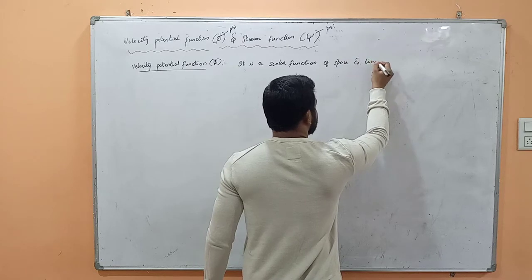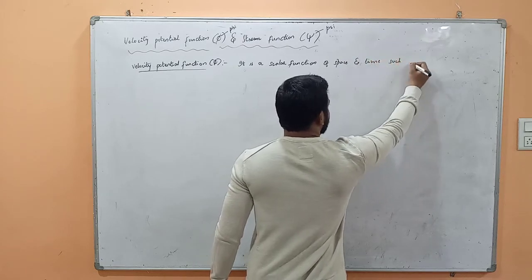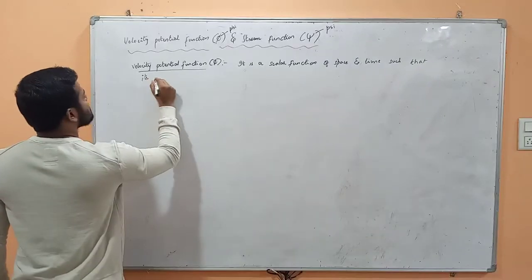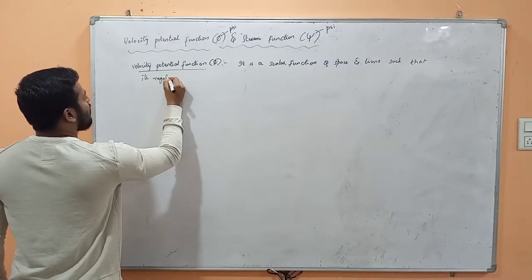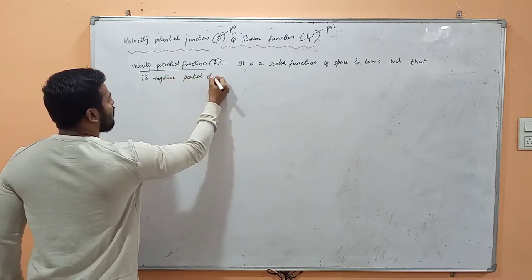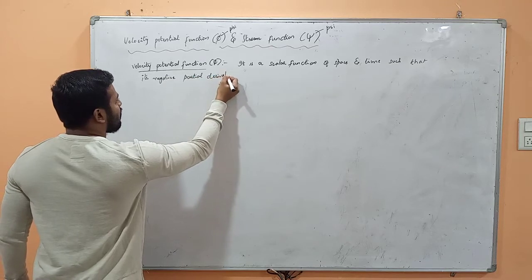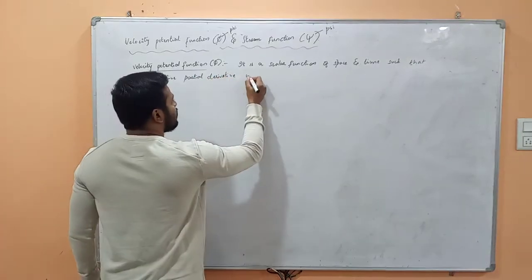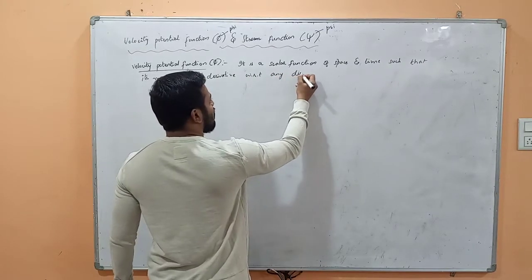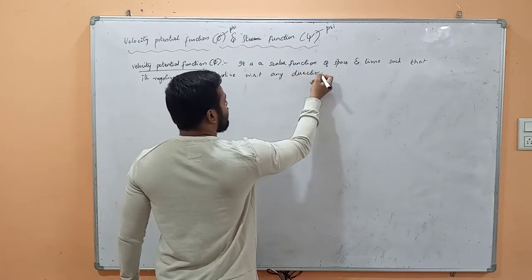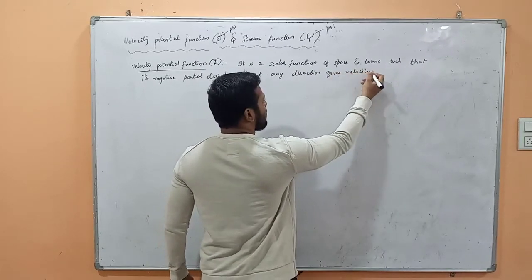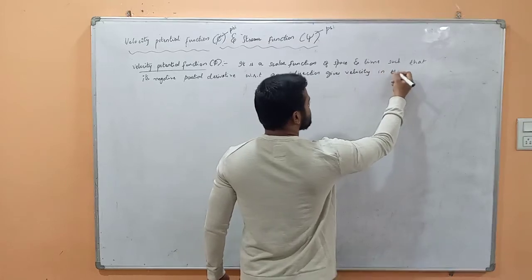Such that its negative partial derivative with respect to any direction gives velocity in that direction.